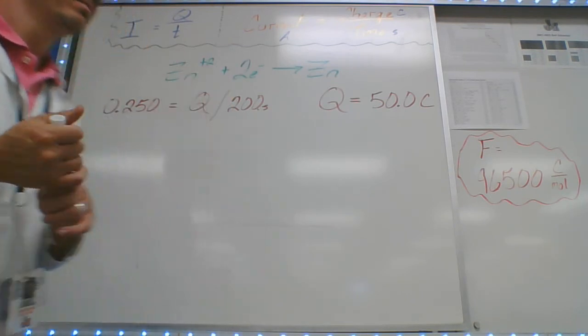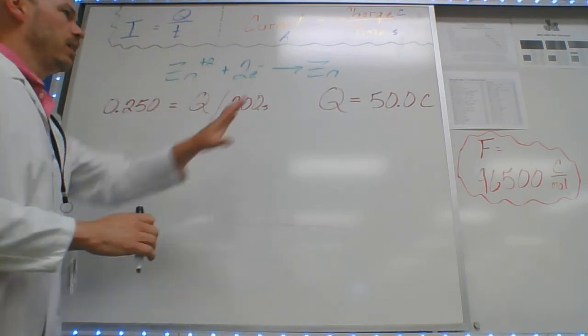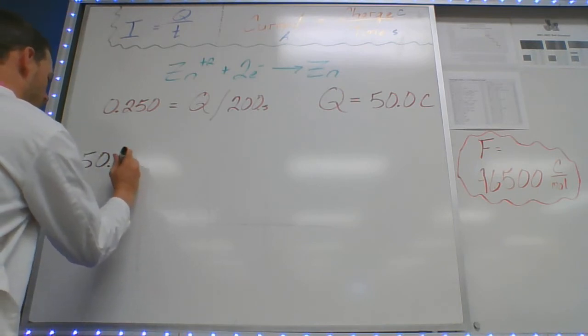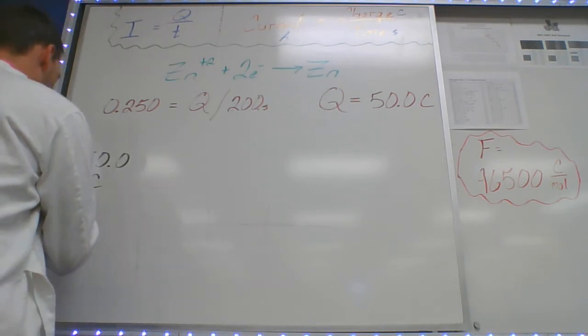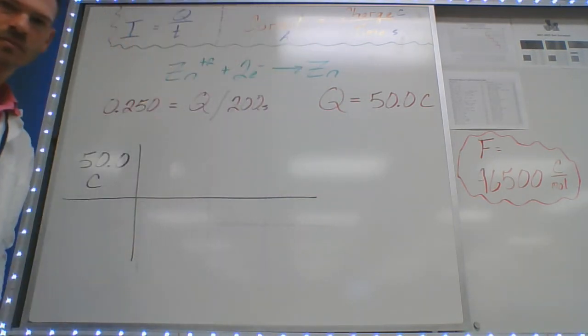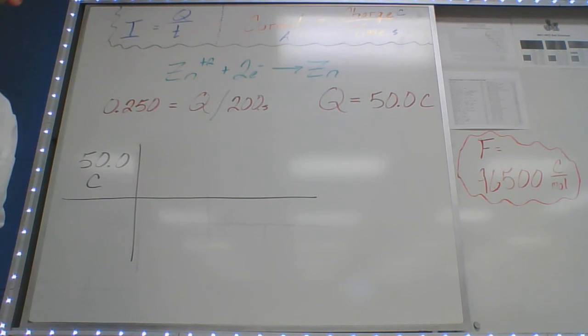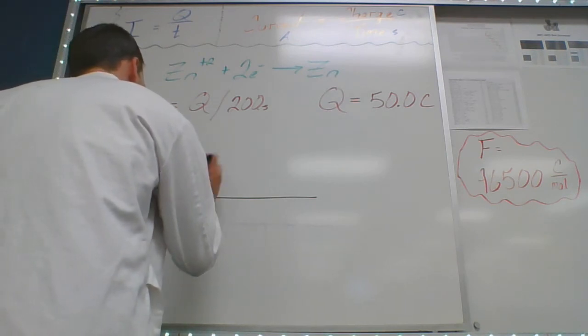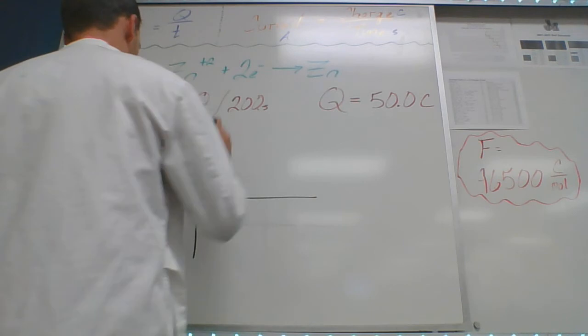So same thing, let's go through the steps. Let's start with my 50 coulombs, and let's get to grams. I know that from coulombs, I can go directly to moles of electrons, because that's what Faraday does.